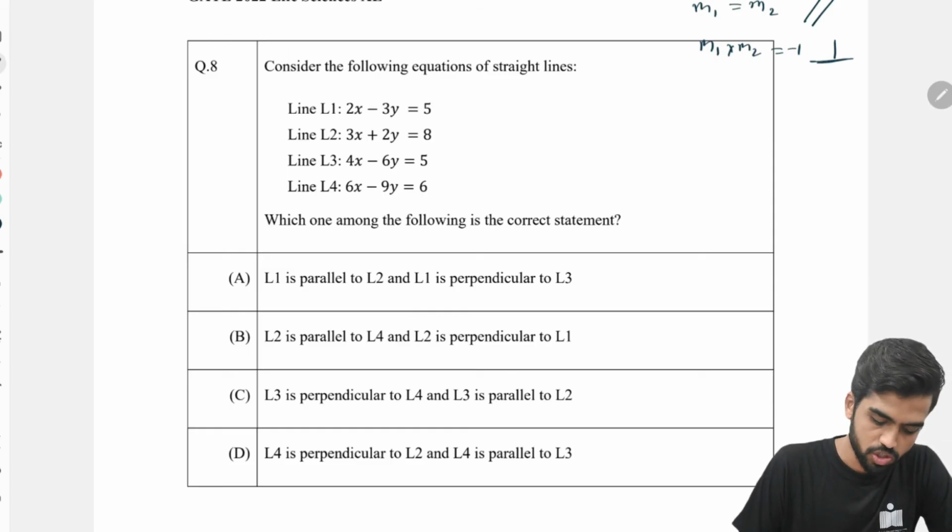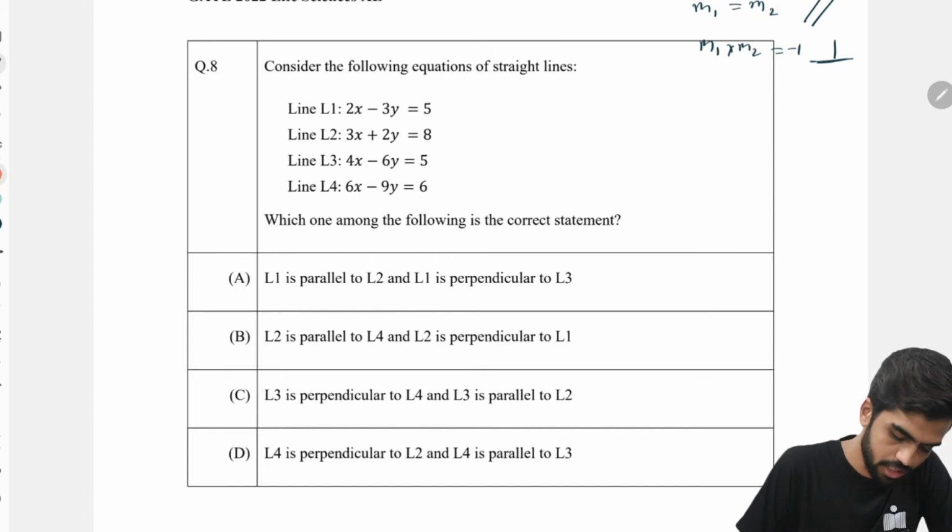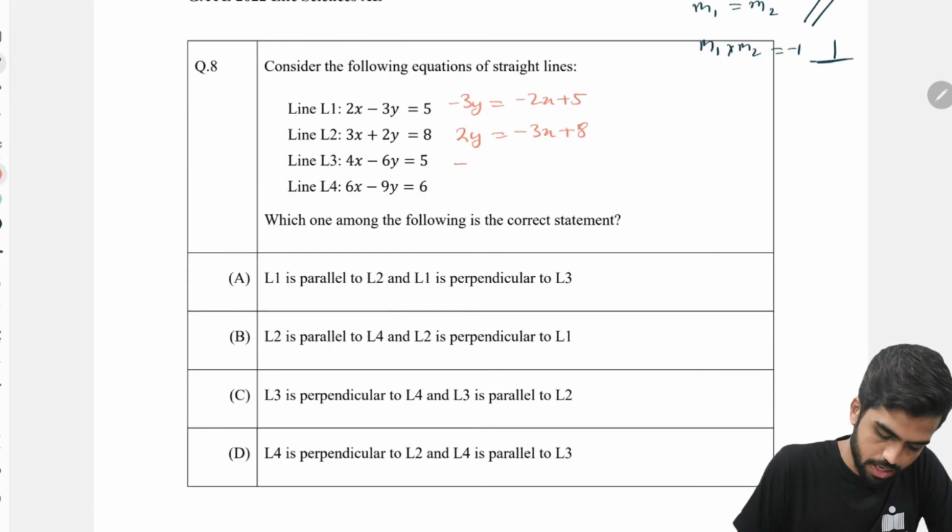So we'll try to convert these equations into y = mx + c form. That will give us -3y = -2x + 5. In this, 2y = -3x + 8. -6y = -4x + 5. -9y = -6x + 6.